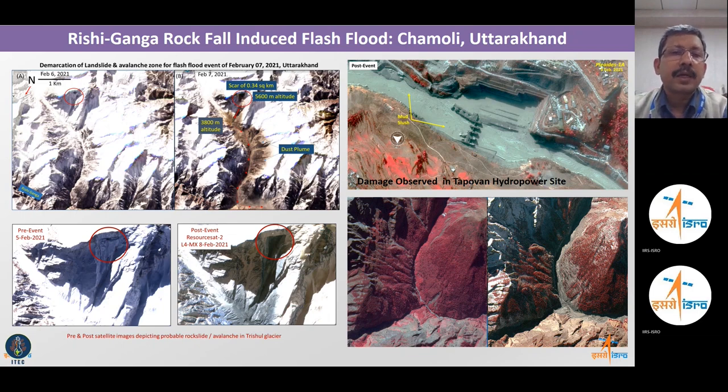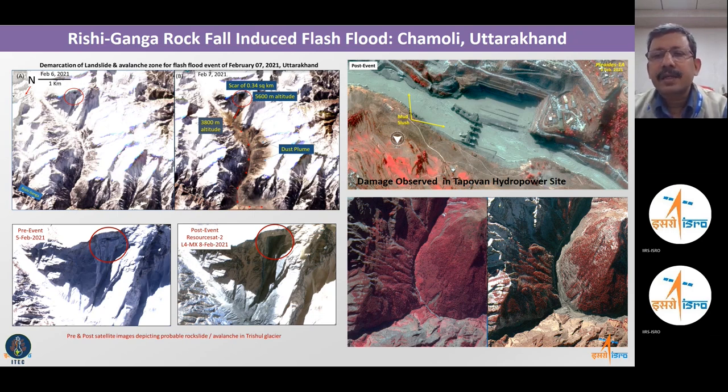The impact was so much that the entire snow melt as well as the permafrost, which had accumulated over years, melted, and the entire slurry rushed down the valley and damaged everything downstream. The amount of water or slurry generated was something like 30 to 40 stories high.